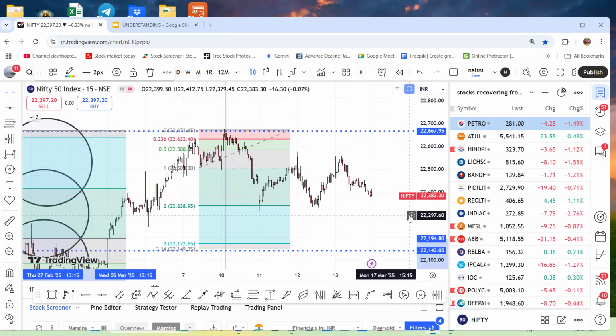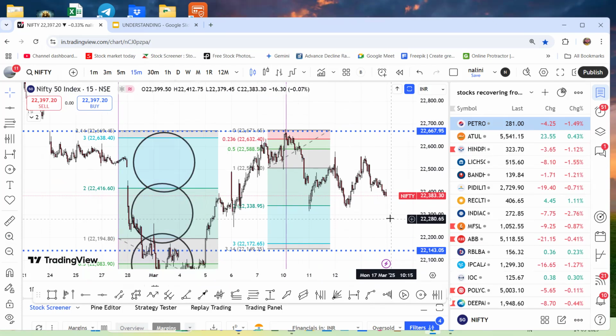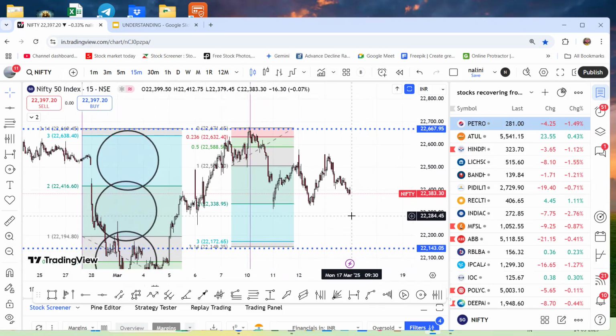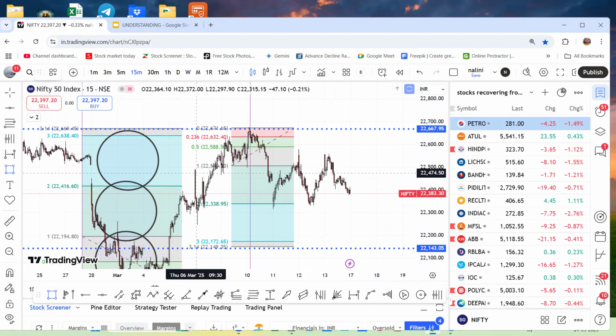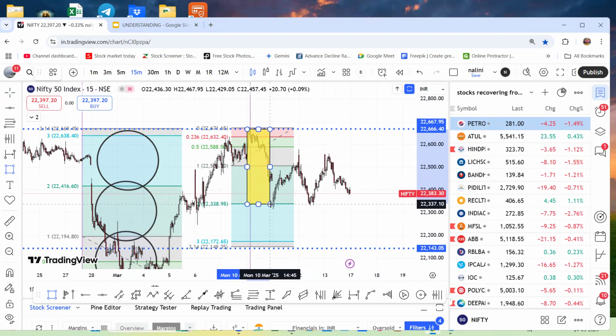And I talked about the ranges, squares, and rectangles and triangles. So here the market exhibited a markdown. Markdown, how did it go? It is like a big fall.